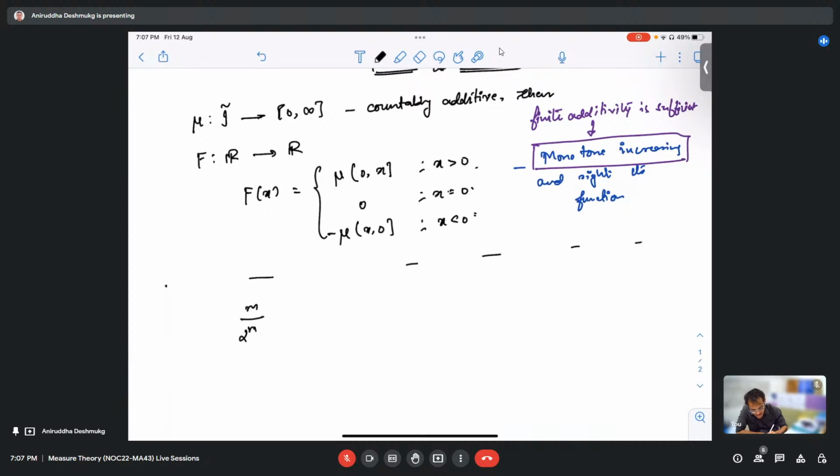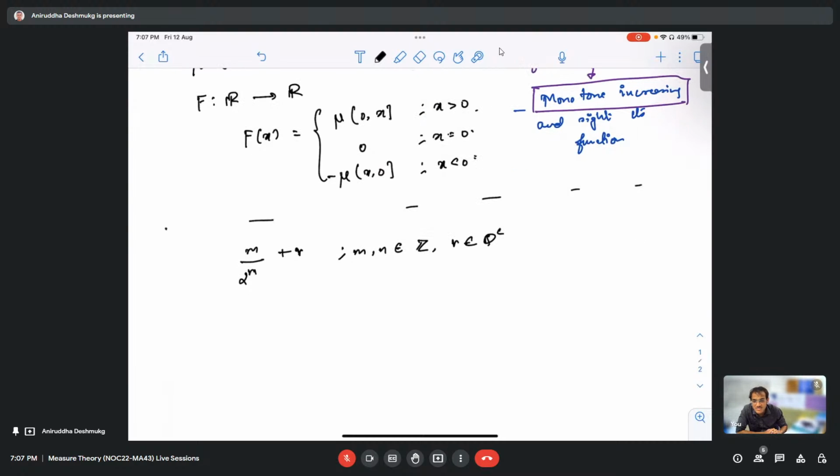You add an irrational number here. Suppose R belongs to the irrationals.